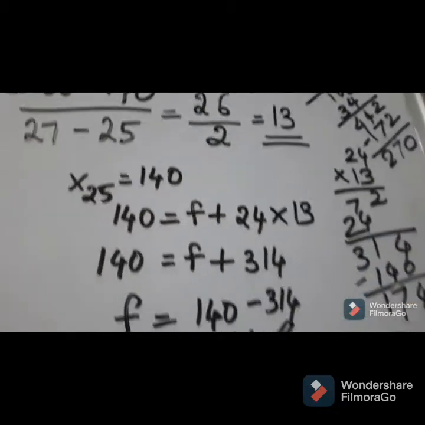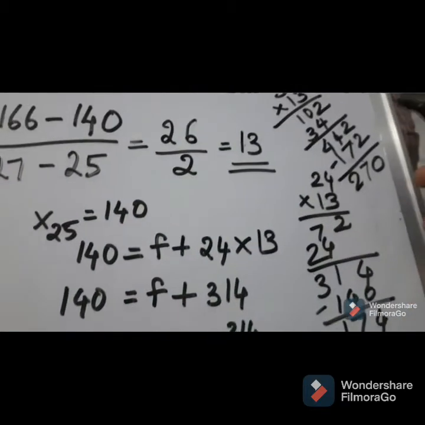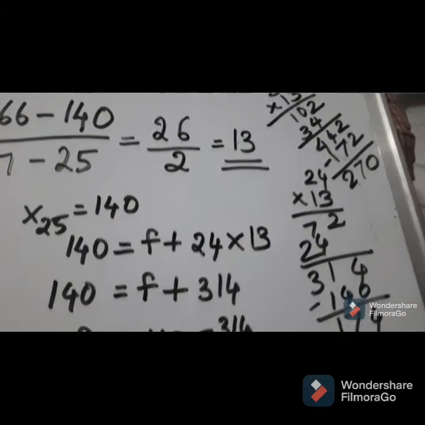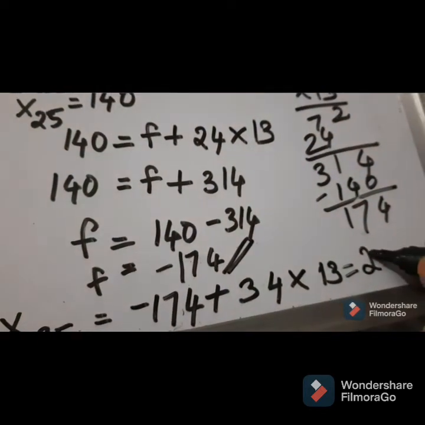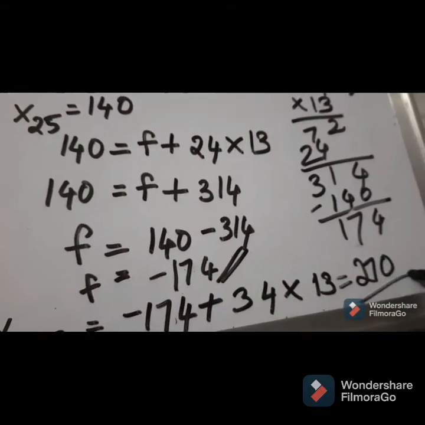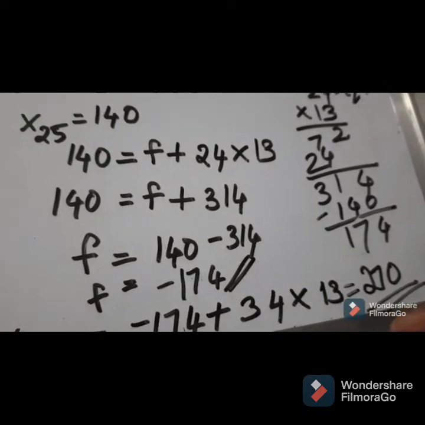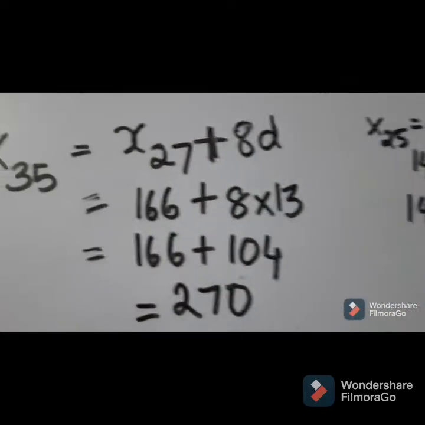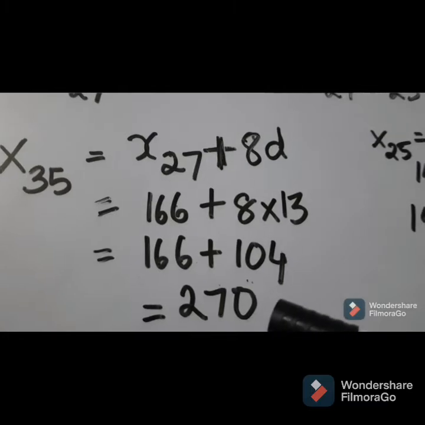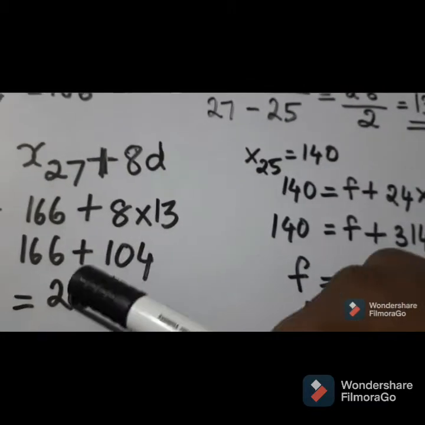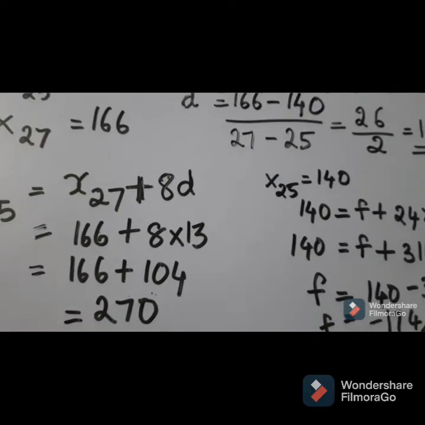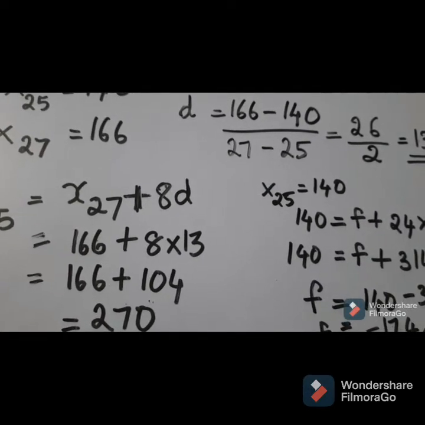From 442 we have to subtract 174, so you will get 270. So the 35th term is 270. By this method it is also 270. This is the short way, so we can use this short way for finding this value.